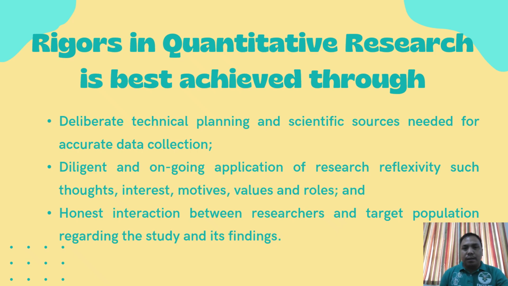Researchers must also practice diligent and ongoing reflexivity, being aware of their own thoughts, interests, motives, values, and roles that may influence the research process. Additionally, honest and transparent interactions between the researcher and the target population are essential to build trust, promote ethical conduct, and ensure that the study's findings are valid, credible, and reflective of reliability.